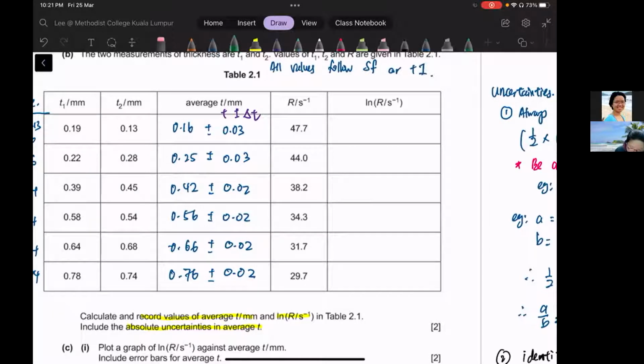So for example, 2SF, 2SF, 2SF. Can write 3? Can. But this is not possible. Or 3SF, if relevant. In this case, it's not.